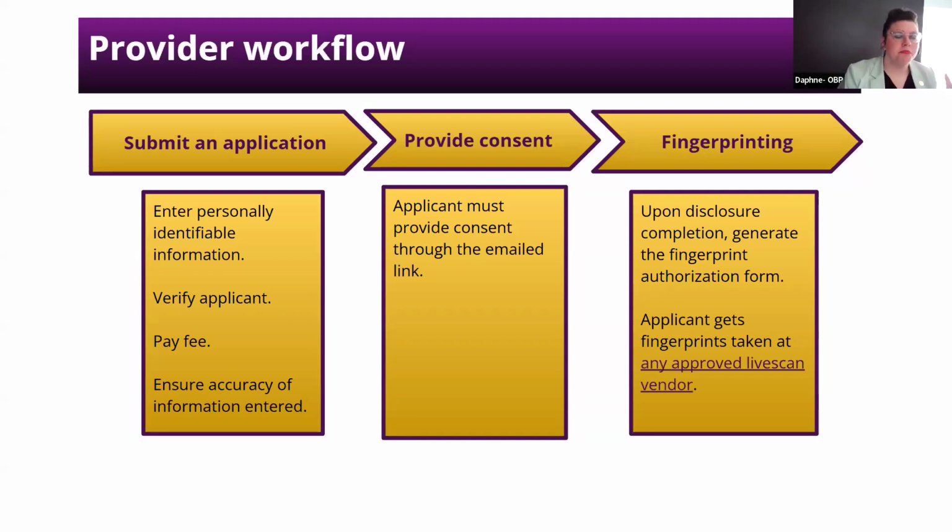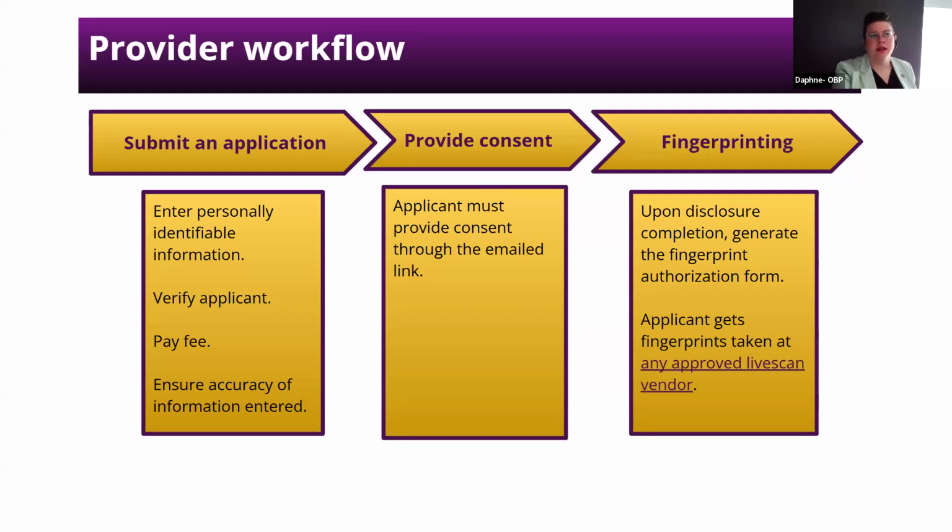An application must be submitted in DACS, within those two weeks. You need to enter personal identifiable information, verify that person is who they are, make sure a fee has been paid, and double check that all that information is accurate.